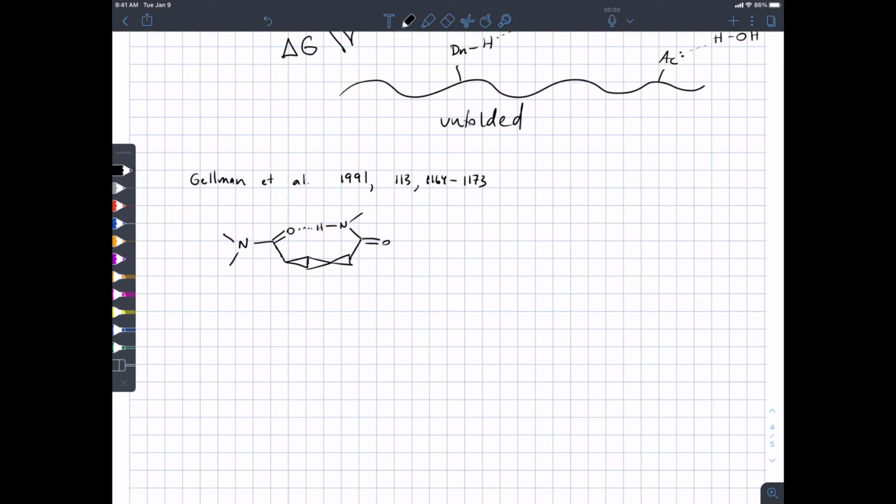They learned that in chloroform, a nonpolar solvent, right? If this were in water, you'd get an entirely different result. The enthalpy of the interaction was probably minus 1.6 kilocalories per mole, and the entropy was about minus 6 calories per mole per Kelvin, and you could calculate delta G as a result.